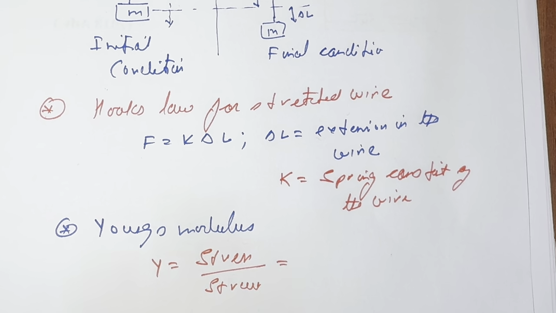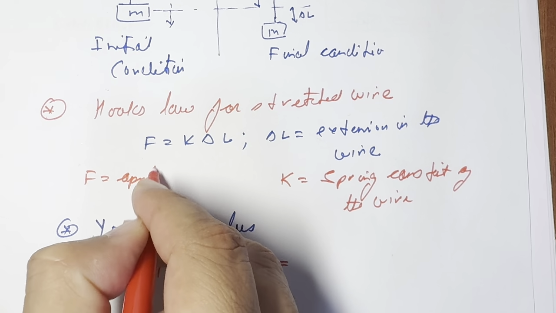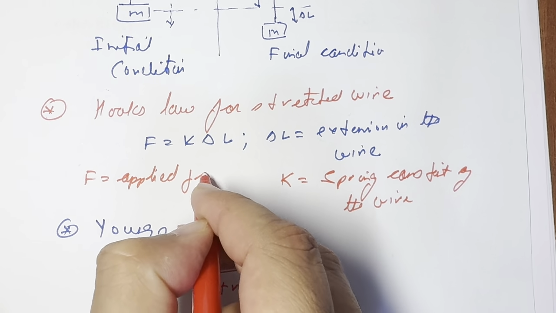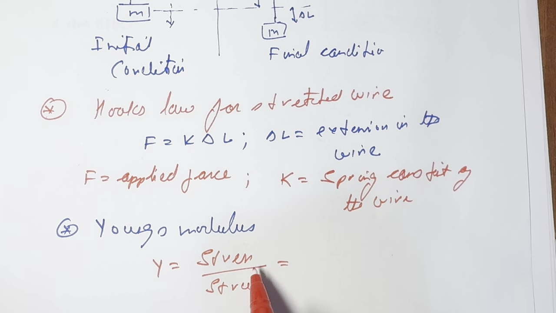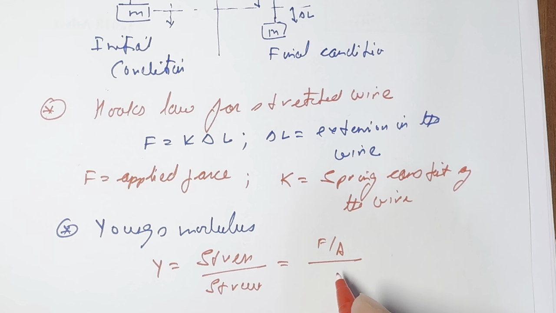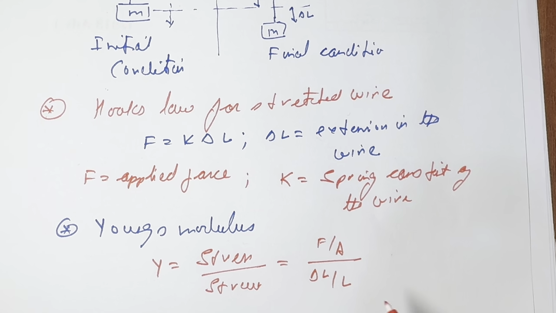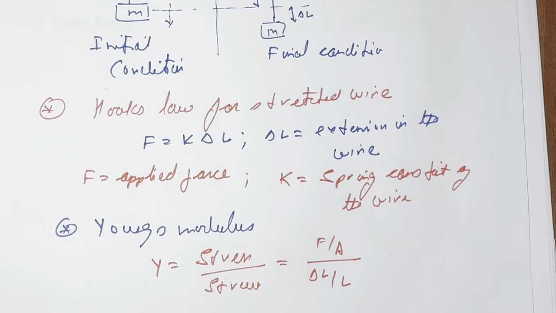Here I forgot to mention that F is the applied force. So stress will be equal to force over area, and strain will be equal to delta L upon L, where L is the original length and delta L is the change in length, F is the applied force, and A is the area of cross section.